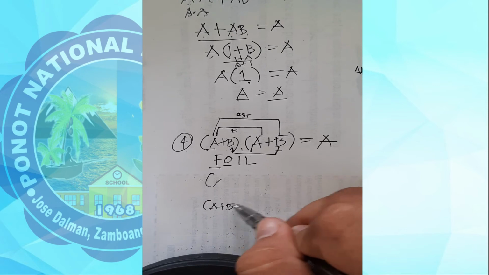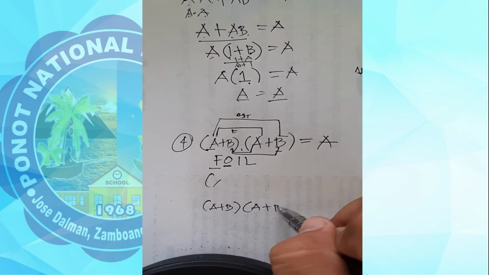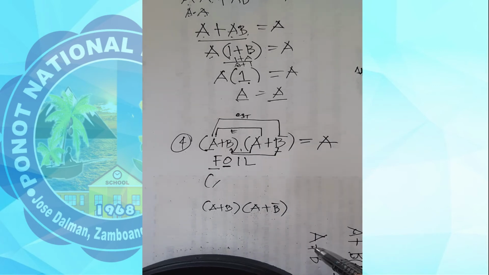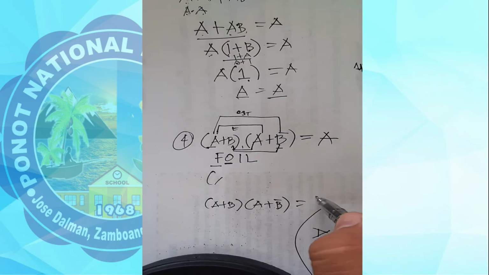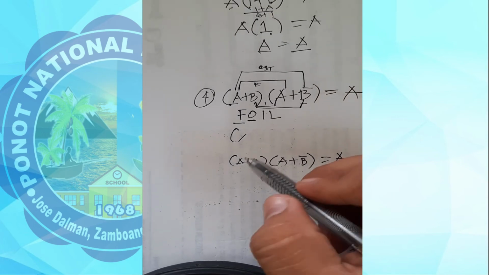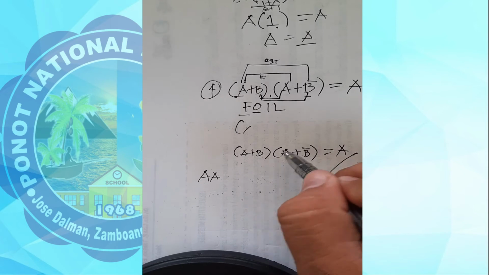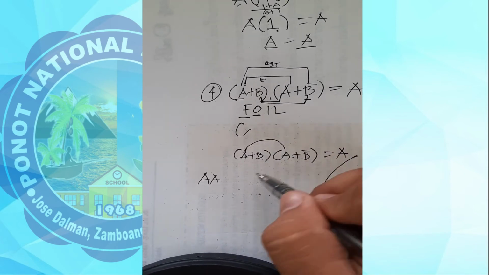A plus B, A plus B bar, is equal to A. So, A times A will give us A, first.